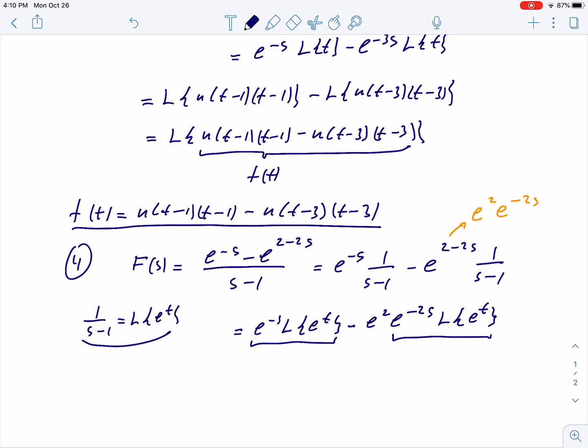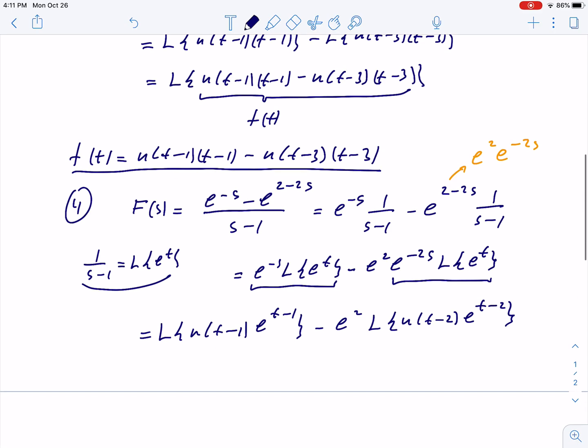multiplying the image by exponential. So this will be Laplace of u(t minus 1), first case a is 1, exponential (t minus 1), minus e squared, keep it in front, Laplace of u(t minus 2), exponential (t minus 2).